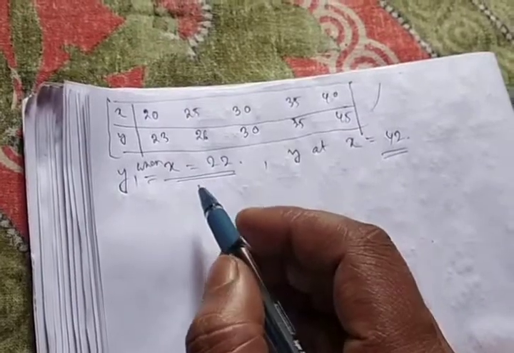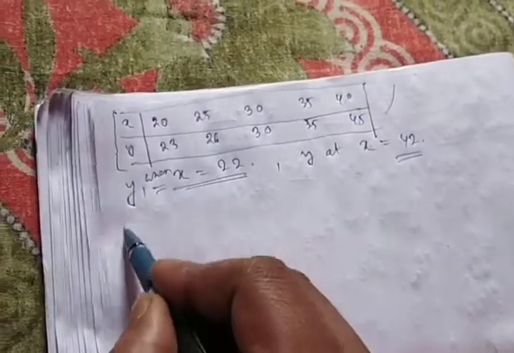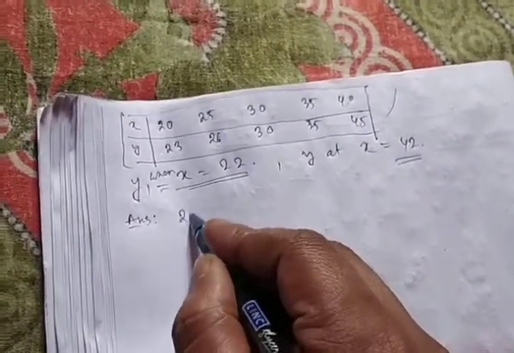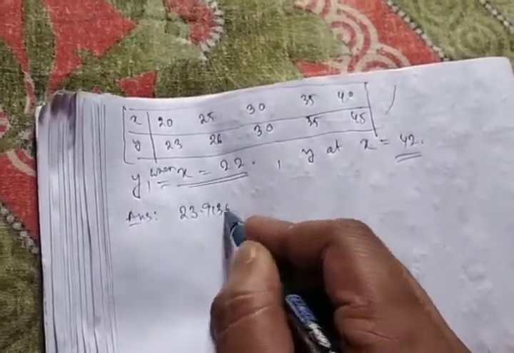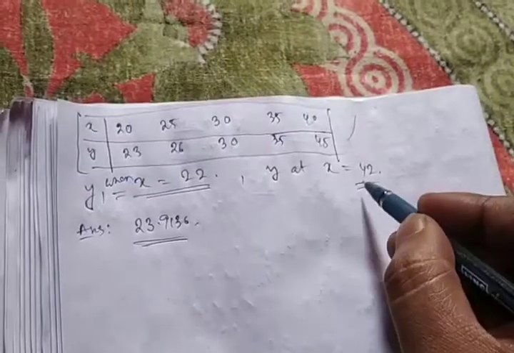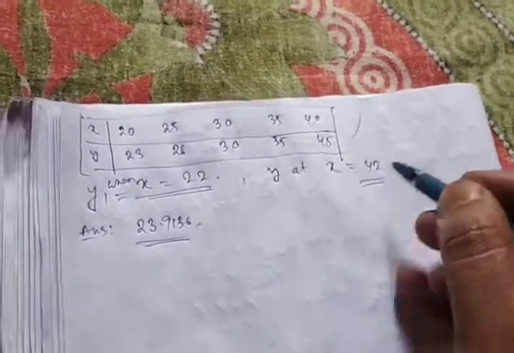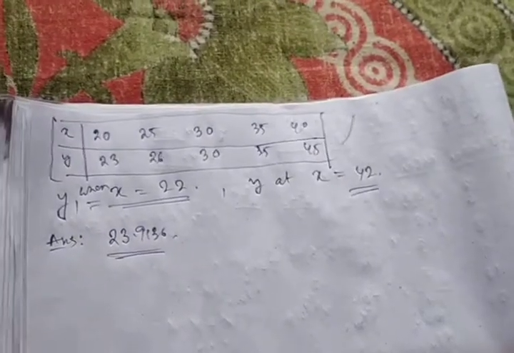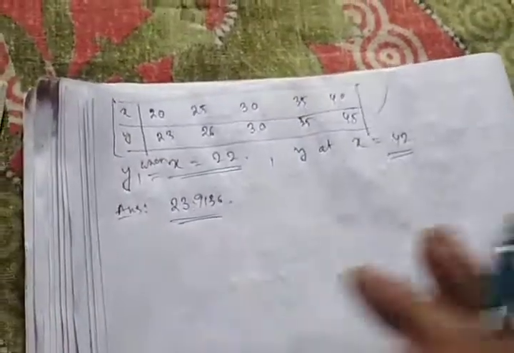Calculate it now. For x equals 22, the answer will be 23.9136. The answer for the other I don't tell, you calculate it. I will give the result in the next class. Thank you.